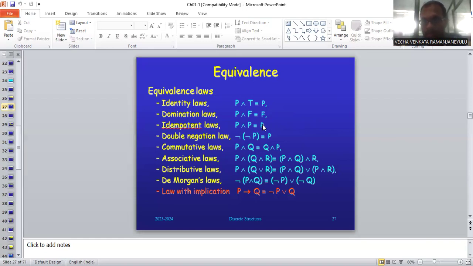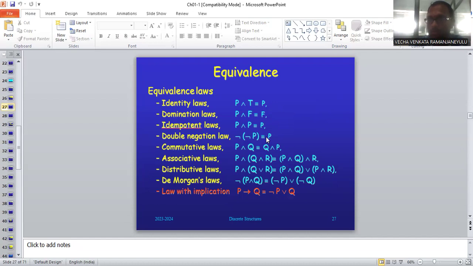Also an idempotent formula: P or P is equivalent to P. Next, double negation law.